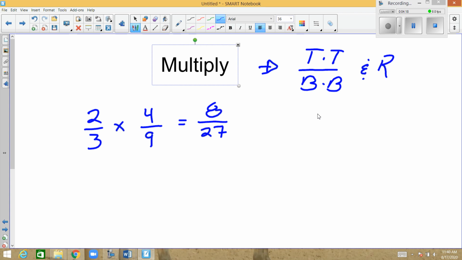Now, yes, if you understand our rules completely, there are some times that we can get away with this because this is multiplication, tops times tops, bottoms times bottoms. Reducing is actually division. And we can divide what comes out of the top comes out of the bottom. All right, so let's take another look at this.